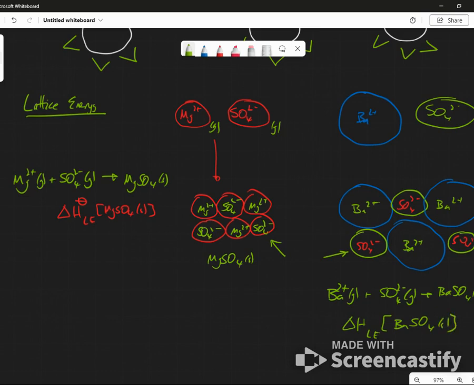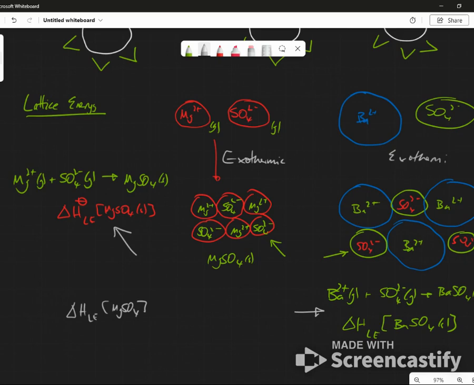What we're going to do now is compare these two things: the lattice energy of magnesium sulfate and the lattice energy of barium sulfate. And again, these are going to be exothermic.